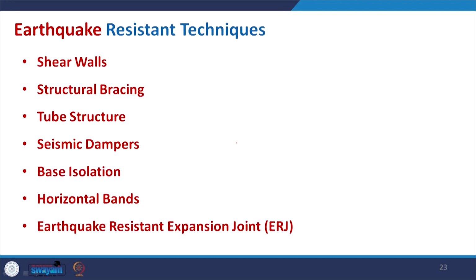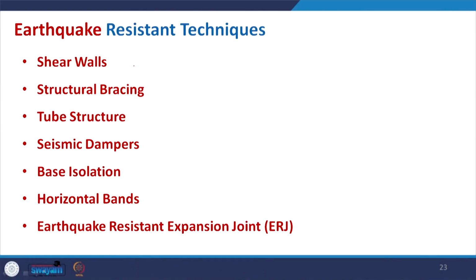Coming to the earthquake resistant techniques, these are the different structural elements and components that may help to reduce the risk of failure of a structure during an earthquake. So, here is the list. If you see the slide now, the shear walls or structural walls could be one of the options. Structural bracing can be helpful to resist the lateral load. The tube structure we will be discussing again when we discuss high rise structures in upcoming lectures.